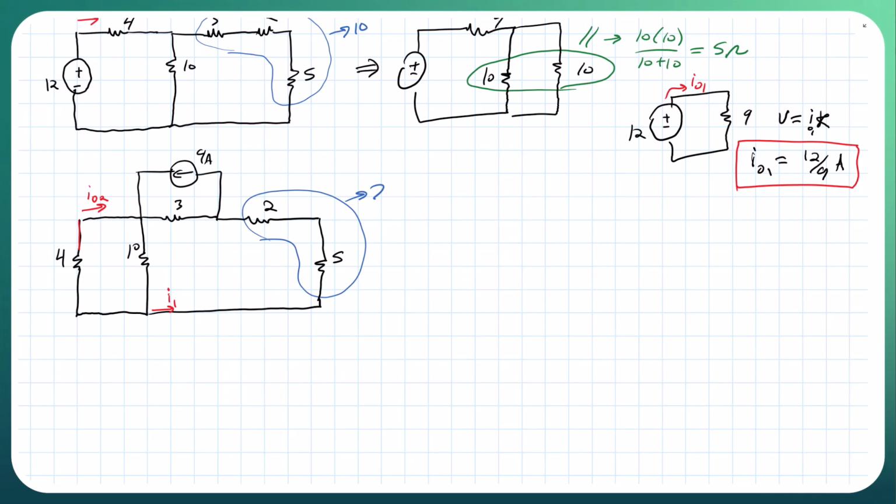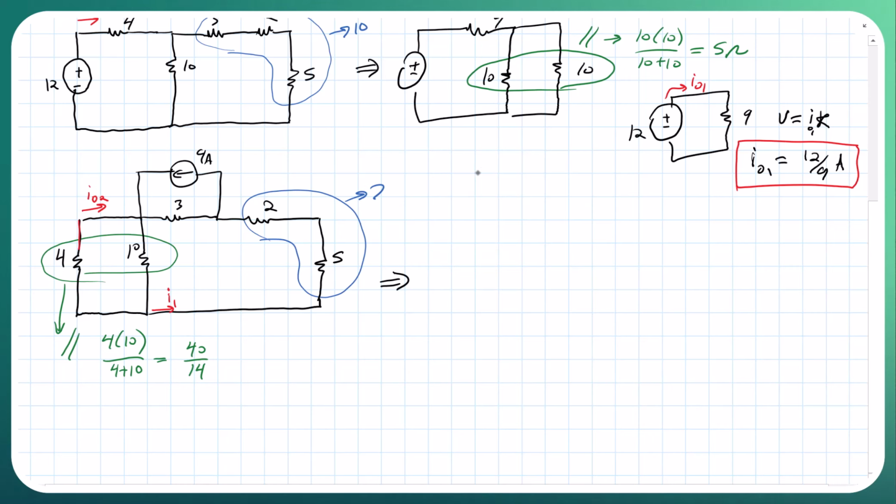And then the 4 and the 10 are in parallel. So we just multiply them and then add the total. 4 times 10 over 4 plus 10, and we'll just keep it in fraction form. That's 40 over 14. Okay, and then if we simplify the circuit, we add all those.